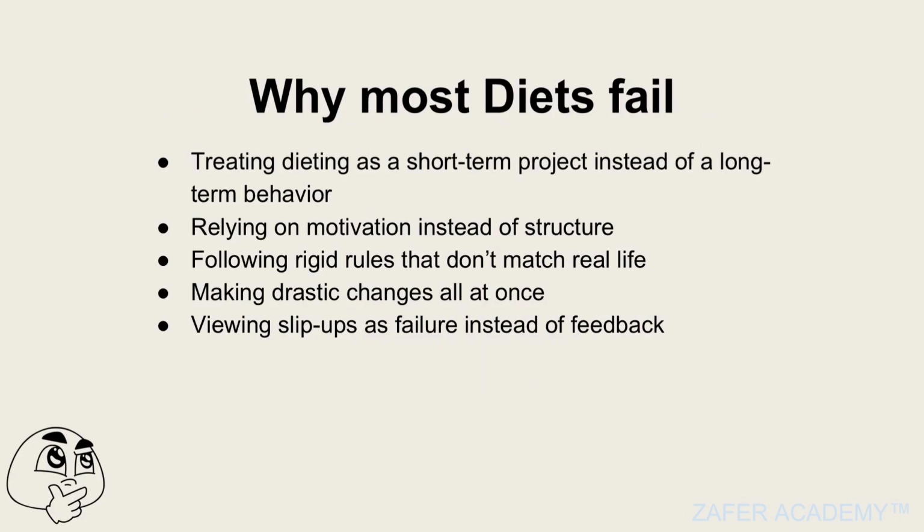So let's look at why most diets fail. One of the reasons is that many people treat dieting as a short-term project instead of a long-term behavior. If you treat dieting as a short-term project, it's definitely going to fail because you're not going to be able to build the discipline. Of course there are short-term dieting goals.